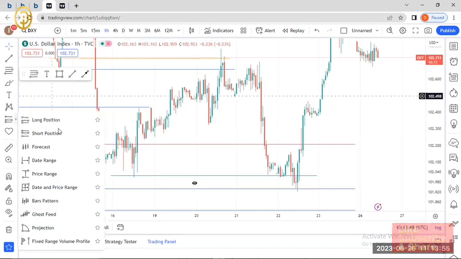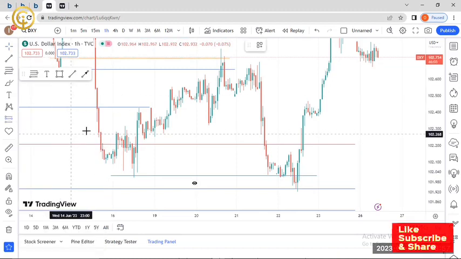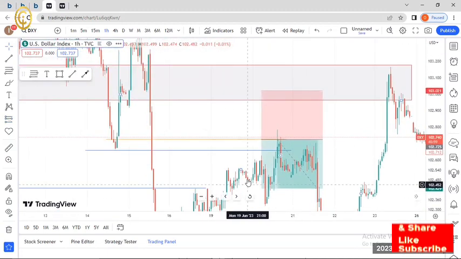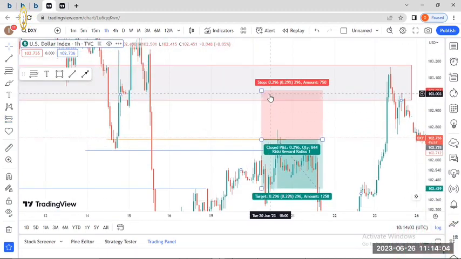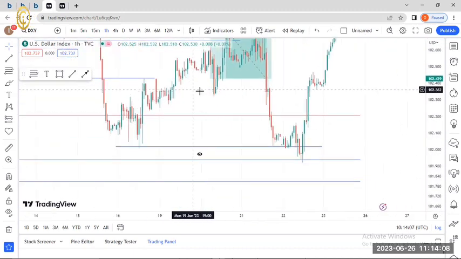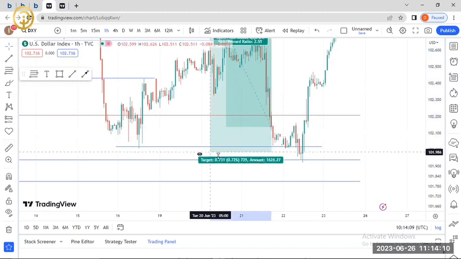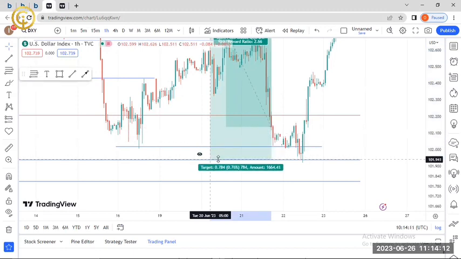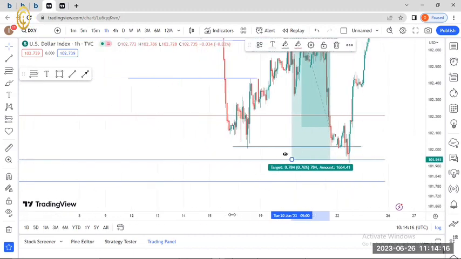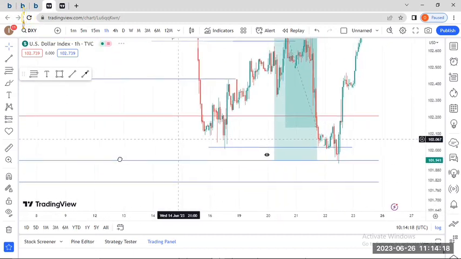So you would have taken this entry. If you did not enter here, now this low is the beginning of the daily fair value gap I told you about.